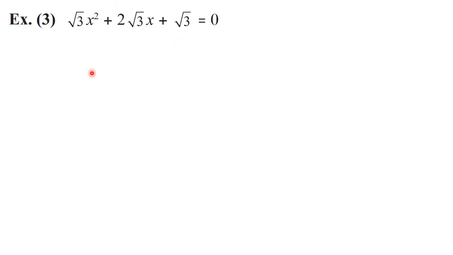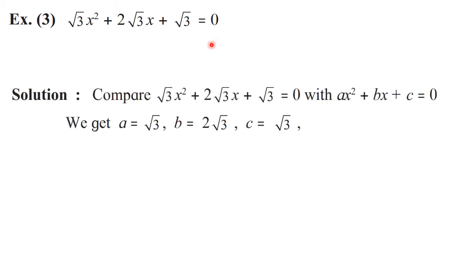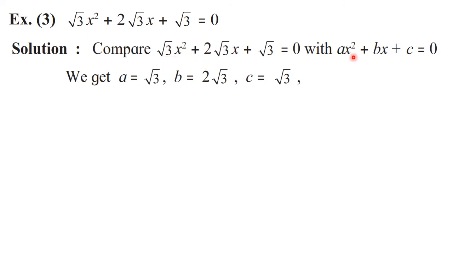The third example is given here now. Root 3x square plus 2 root 3x plus root 3 is equal to 0. See, the equation is in standard form. So the very first step is to compare the equation with the standard form or general form, that is ax square plus bx plus c is equal to 0. So when we compare it, what are we going to get?